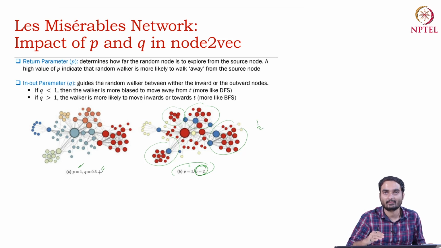So, if Q is high, 1 by Q would be low, and a low 1 by Q would not prefer DFS.